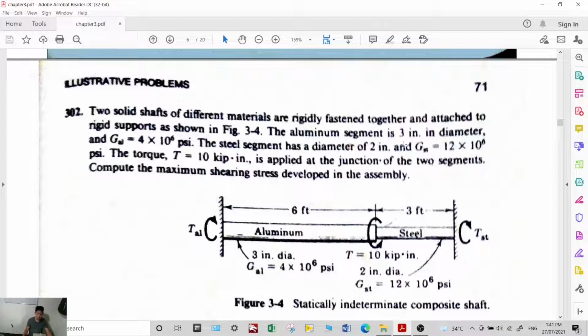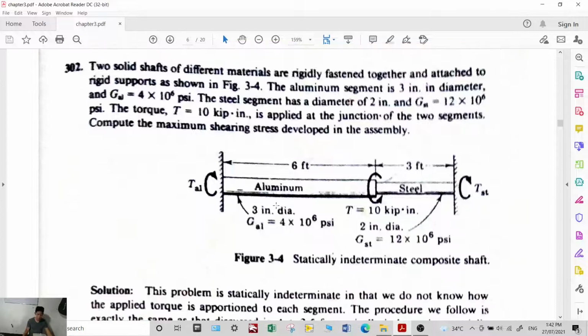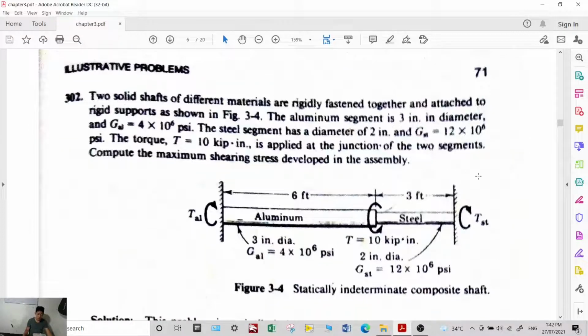The aluminum segment is 3 inches in diameter with modulus of rigidity of 4 times 10 to the 6 psi. The steel segment has a diameter of 2 inches and modulus of rigidity of 12 times 10 to the 6 psi. The torque T equal to 10 kip-inch, or 10,000 pound-inch, is applied at the junction of the two segments. Compute the maximum shearing stress developed in the assembly. So you are asked to find the maximum shearing stress.